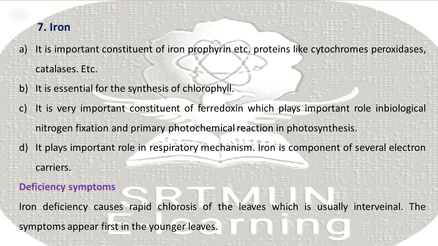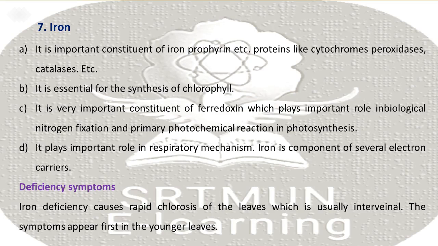Next point, it is a very important constituent of ferredoxin, which plays an important role in biological nitrogen fixation and primary photochemical reaction in photosynthesis. It plays an important role in respiratory mechanism. Iron is a component of several electron carriers.